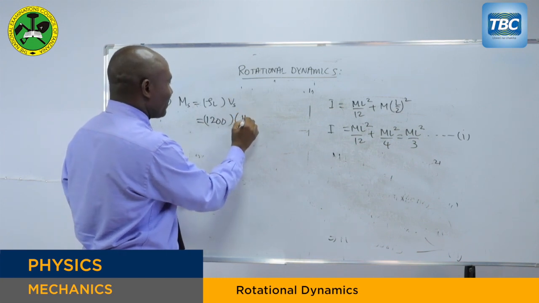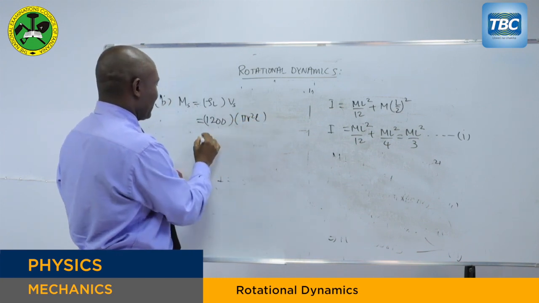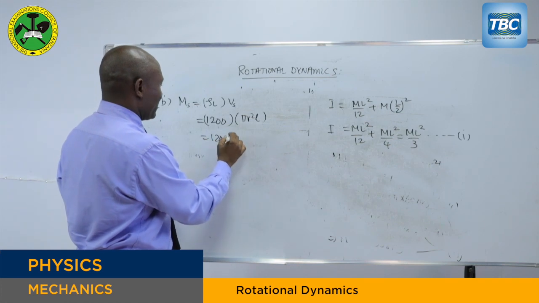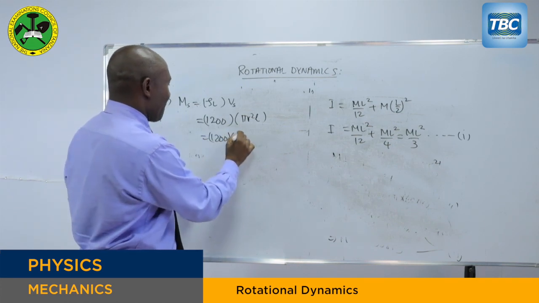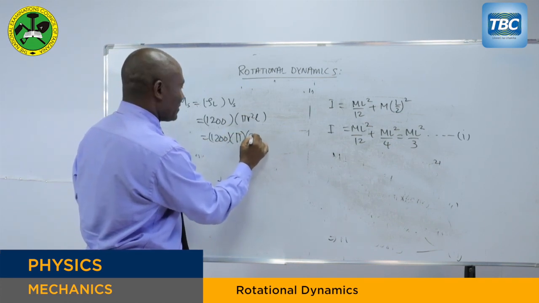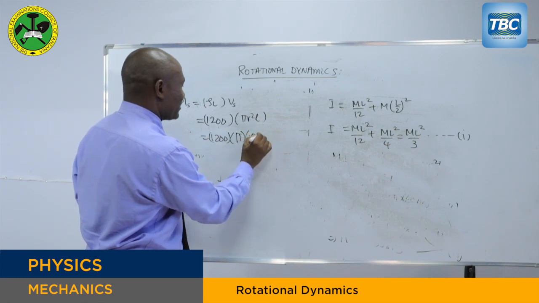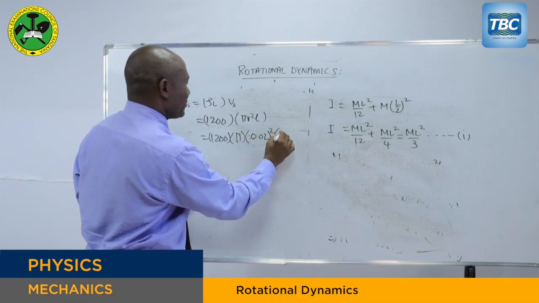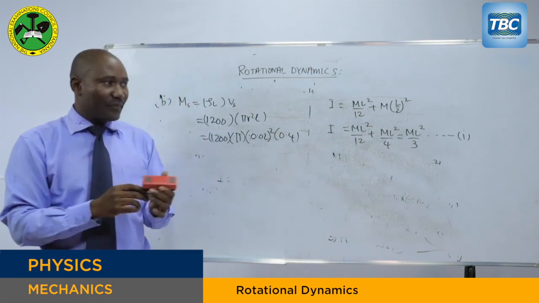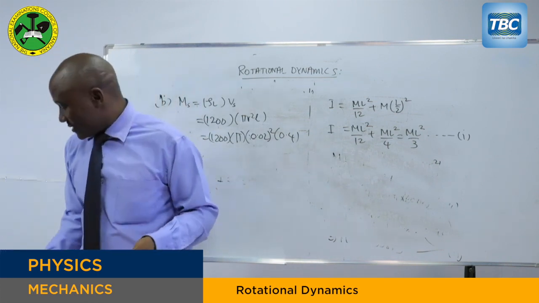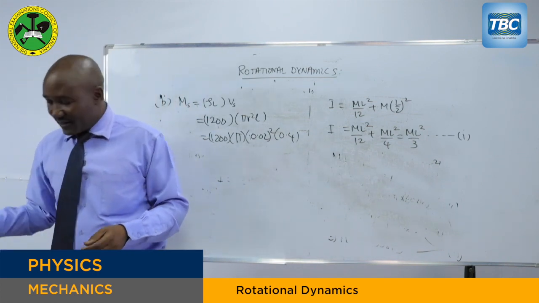So you know the volume is pi r squared length. So we have that, and the radius is 0.02 squared times 0.4. So from there, you get the mass of the solid when immersed in that liquid.